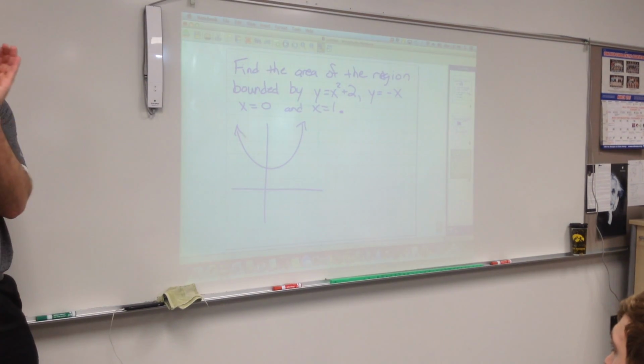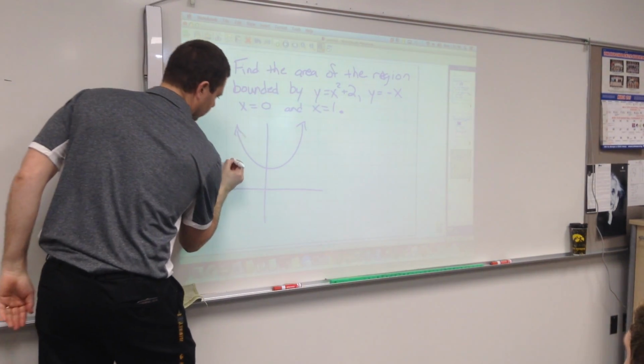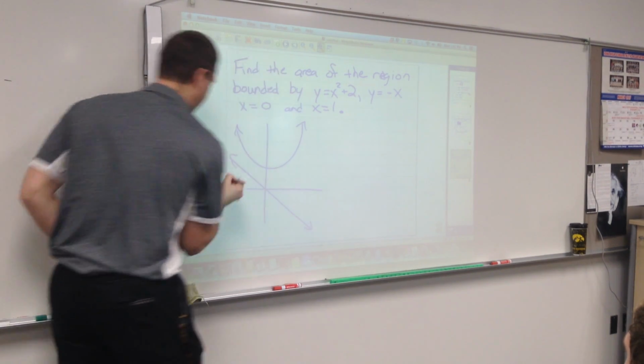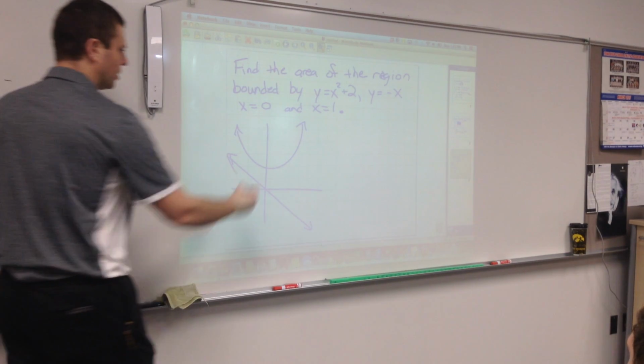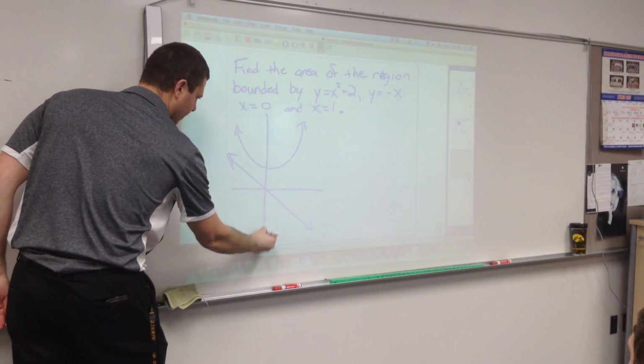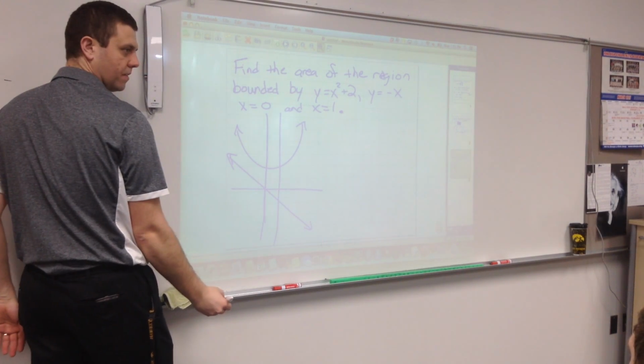It's a parabola that's been shifted up 2 units from the origin. Y equals negative x. That's a line with a negative 1 slope. X equals 0 is a vertical line right here. X equals 1 is another vertical line right here.